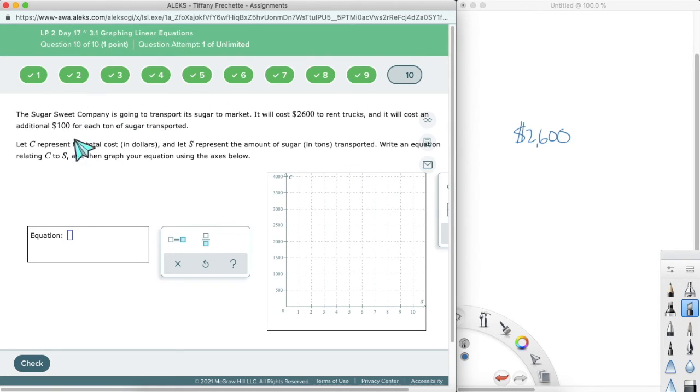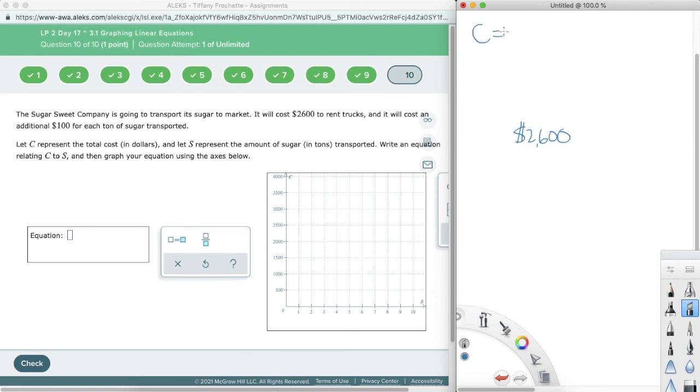So we're still going to have C, which is the total cost. And we still have S, which is the amount of sugar. All right, and we already kind of worked out this equation on the last one here.